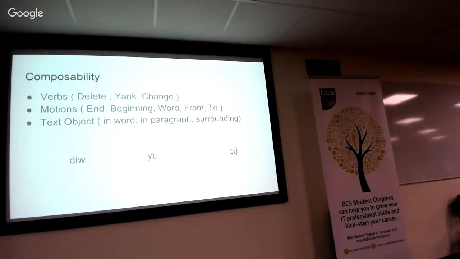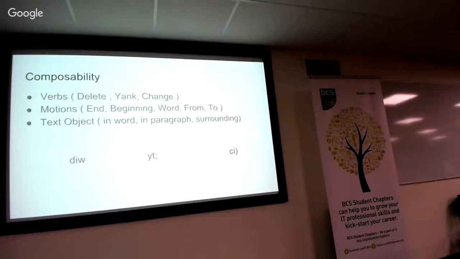You learn one set of verbs, and then you can apply it to everything. The verbs we have, for example, are delete, yank, and change. That is delete or cut something, copy something, or change something. And change is basically deleting and going into insert mode.